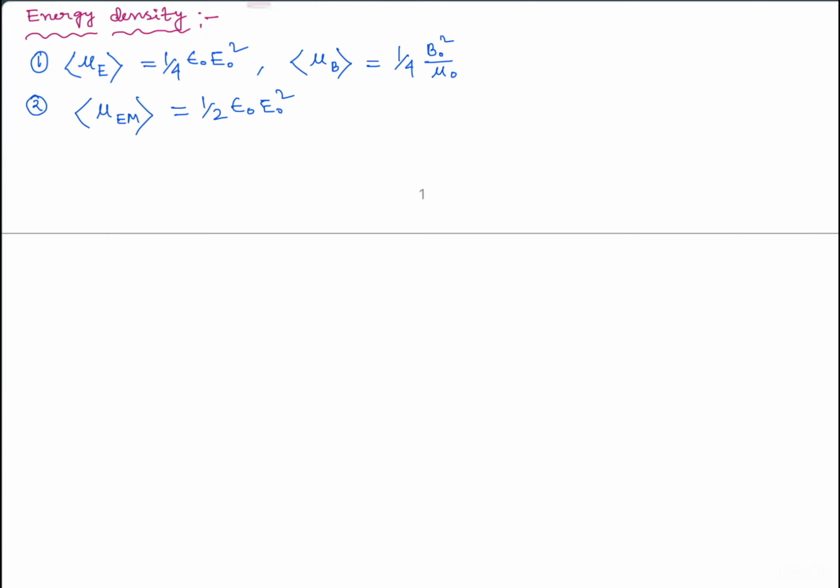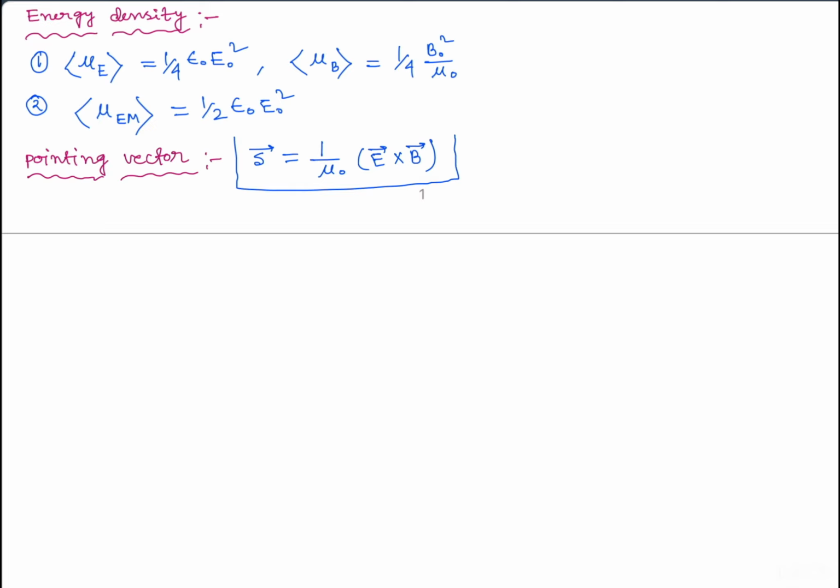Now the Poynting vector, which is S equal to 1 by mu 0 E cross B. The Poynting vector means the direction of the energy flow. Which direction the energy of the EM wave flows is measured by the Poynting vector.